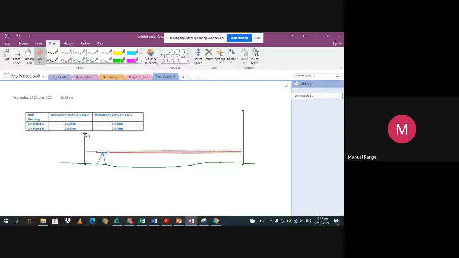Okay, 2.054. So this reading is 1.505 meters, and this reading is 2.054 meters.